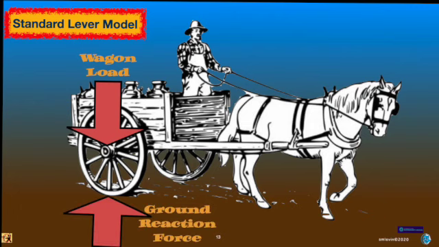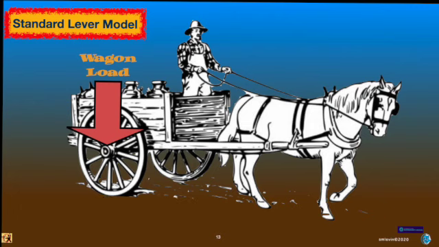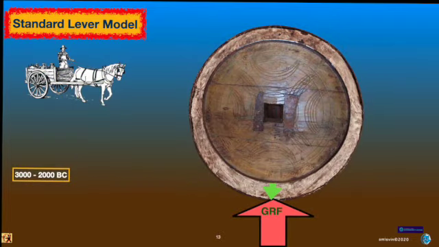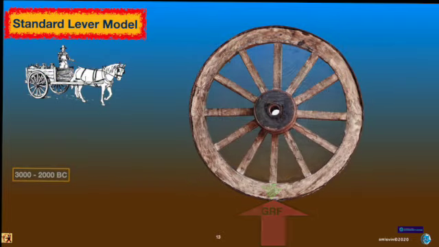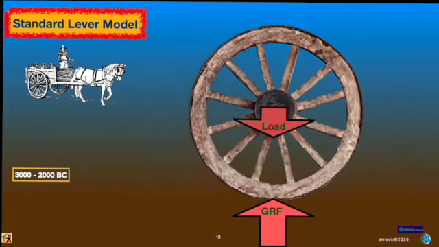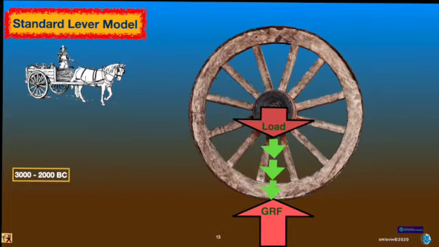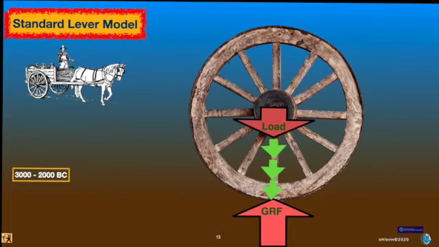A useful model for standard biomechanics is the wagon wheel. It started out as a solid disc some 5,000 years ago. About 4,000 years ago, some clever person figured out that if you made the rim and spokes stiff enough, you could hollow it out a bit and make it a bit lighter.